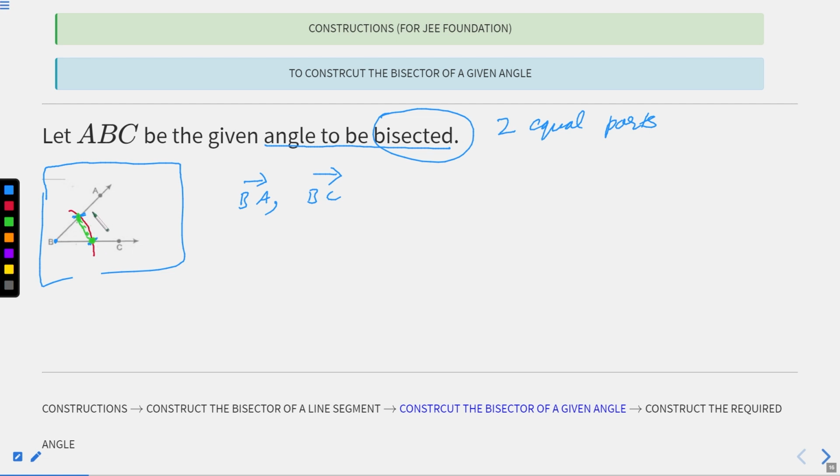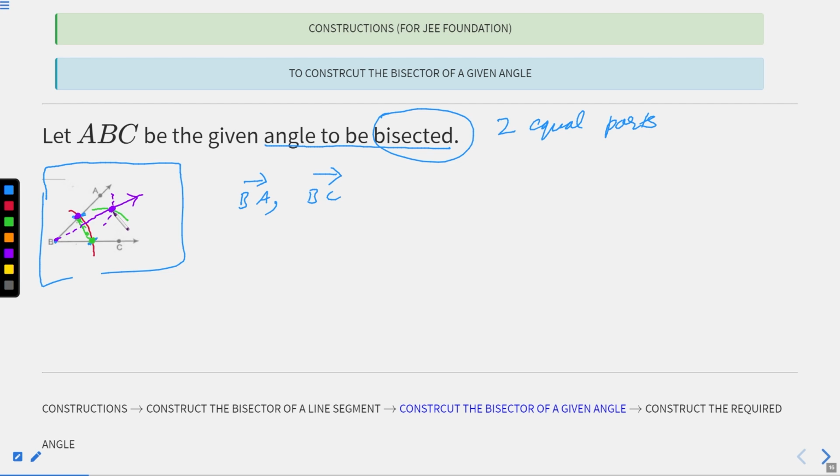Then mark an arc like this, and taking the same radius with the center here, mark like this, and this intersection is our source point. Join them, and this ray bisects our angle into two equal parts. Okay, so this is what we have to do.